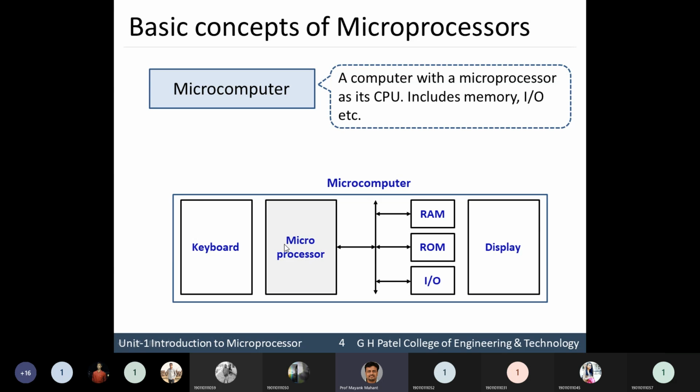First we need a microprocessor which has processing capability. With that you have different IOs and RAM, ROM. In an IO section, you can connect a keyboard for input and a display for output. This is a very basic construction of your microcomputer.